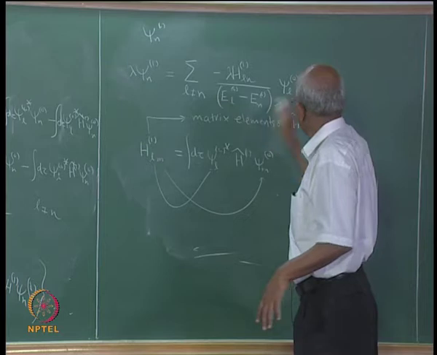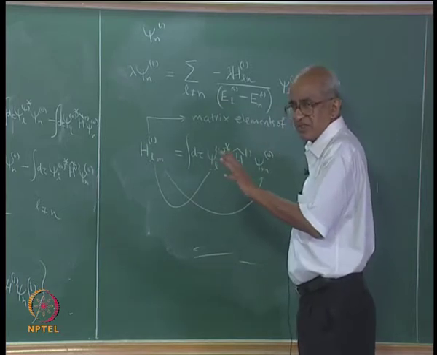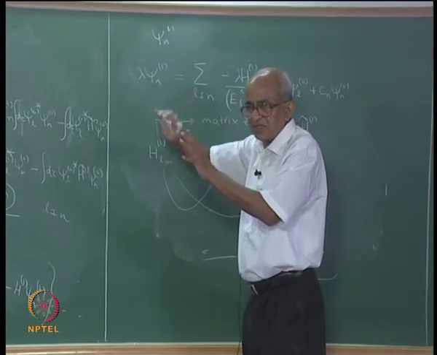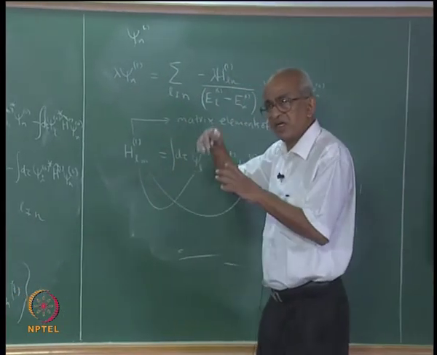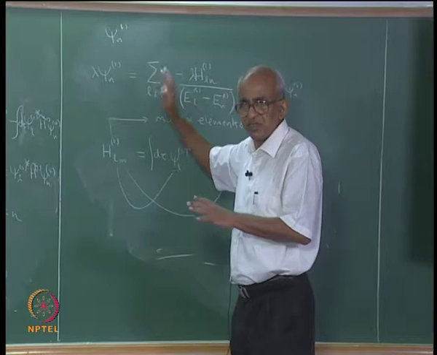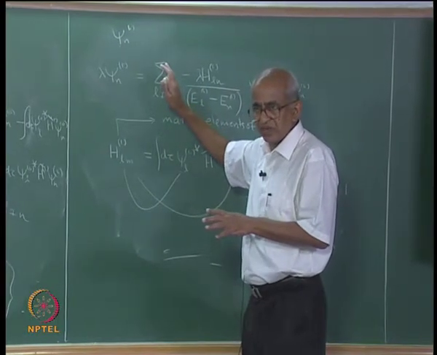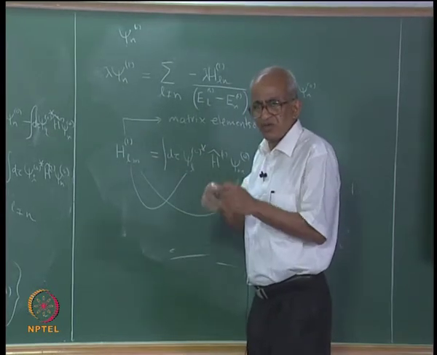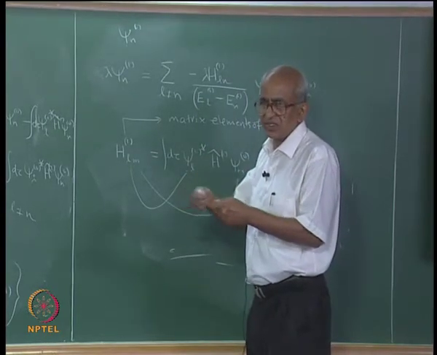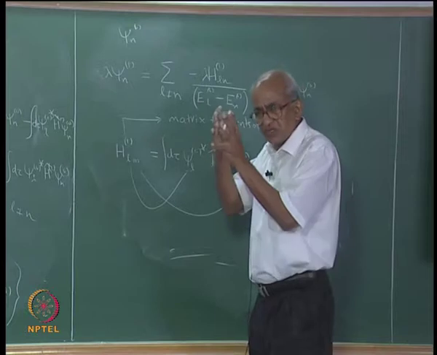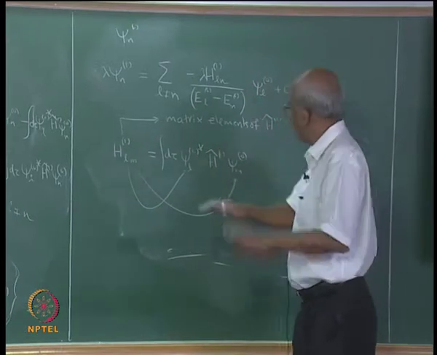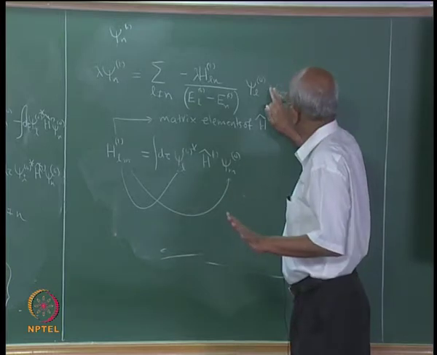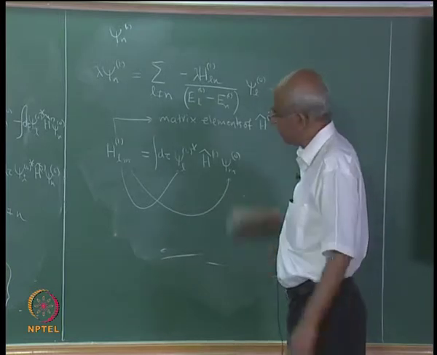So, this term is not of great importance for us, because all that it does is it multiplies psi n 0 by some factor, which you will eventually use normalization to determine anyway. So, you can assume that the wave function has to be normalized, and in fact, if you performed the operation of normalization up to first order in lambda, then this will work out to be 0. You will have to believe me when I say that. So, this term is of no importance.